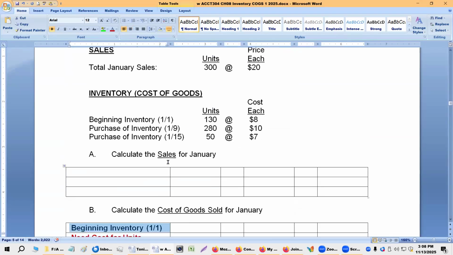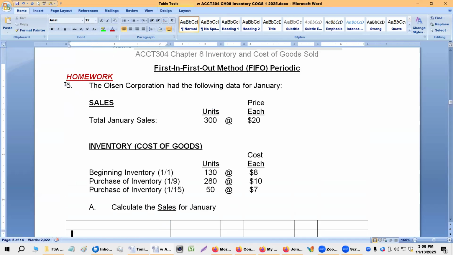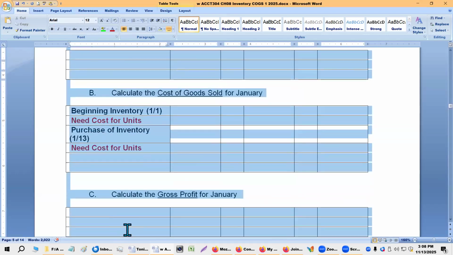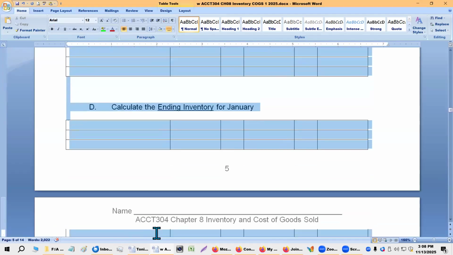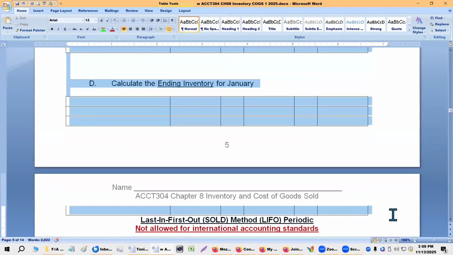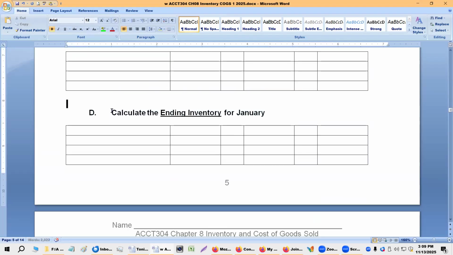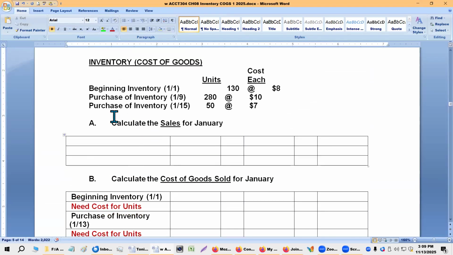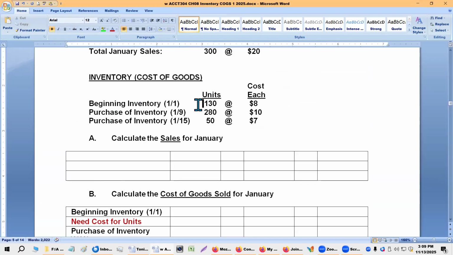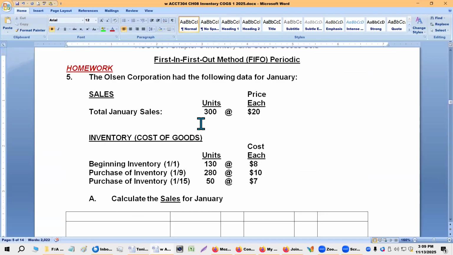Okay, let me see. This is first in, first out.